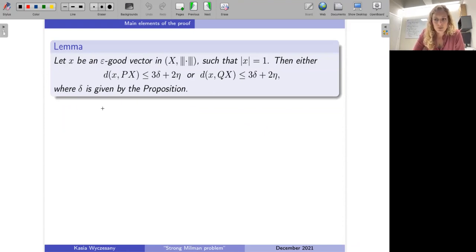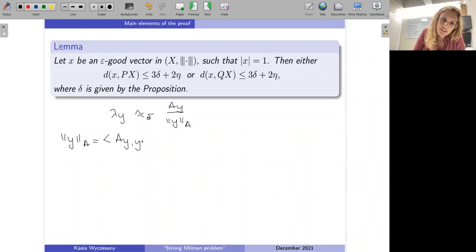So let me write what we just saw: lambda y must be approximately, up to delta, Ay over the norm of y_A. I will be writing the norm of y_A to be the inner product of Ay and y, so this ellipsoidal norm, just a little bit shorter, plus eta n to the minus half sine y.